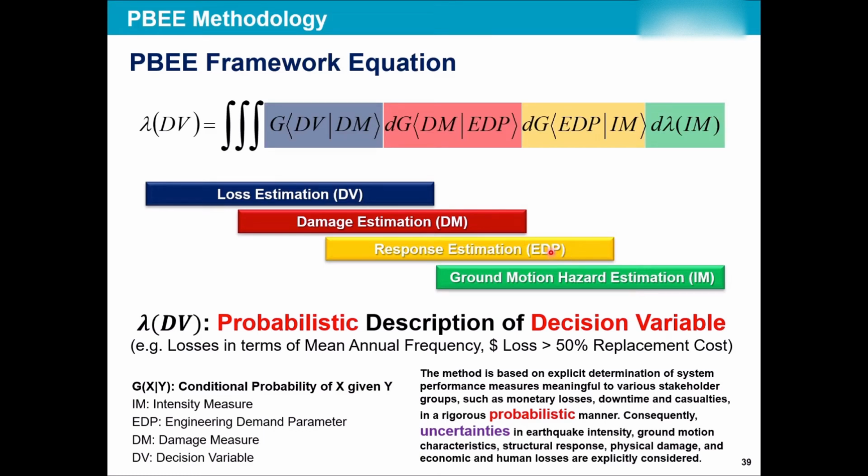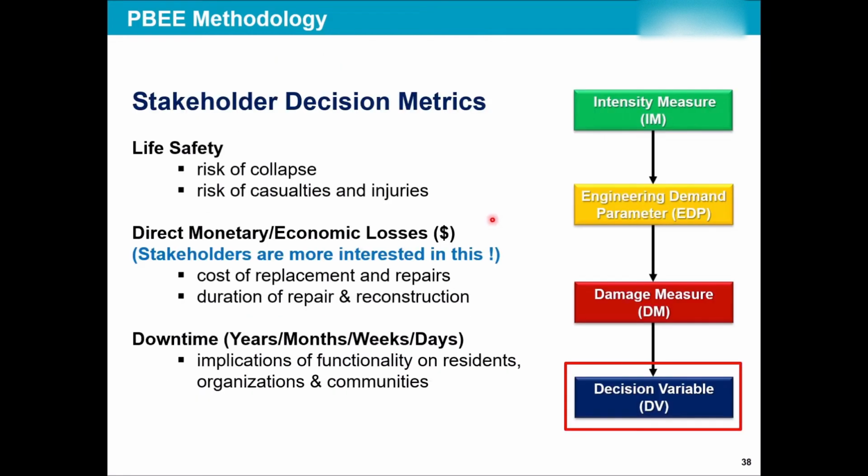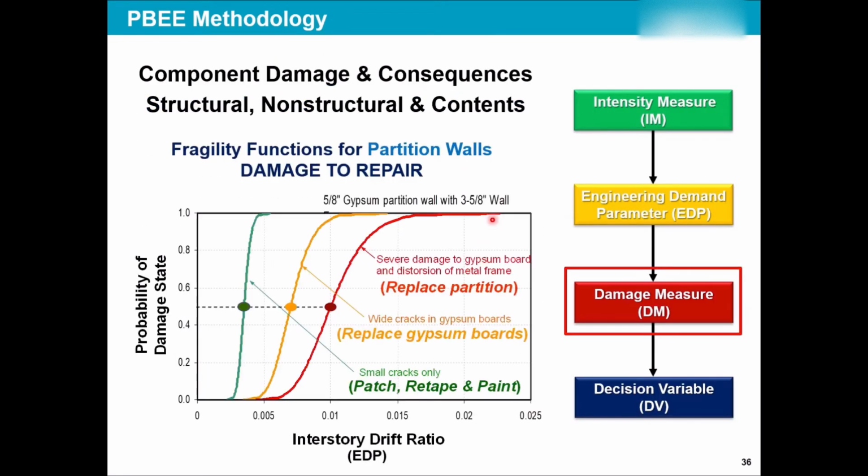Each of those probable engineering demand parameters will end up in a probable damage estimation. There's a probability of slight damage, there's a probability of moderate damage, there's a probability of extensive damage. Exactly what a fragility curve tells us. You see, there is a 50% chance, this is a probability, that your wall will have slight damage, moderate damage, or extensive damage.